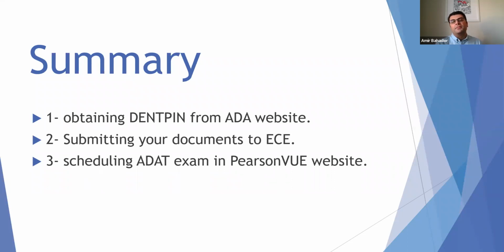After getting this number, you can submit your documents to ECE with this number, and then ECE will transform your dental educational documents into the US equivalents, and they will send it electronically to ADA. Then you will have a confirmation email from ADA and an eligibility period to schedule your exam.